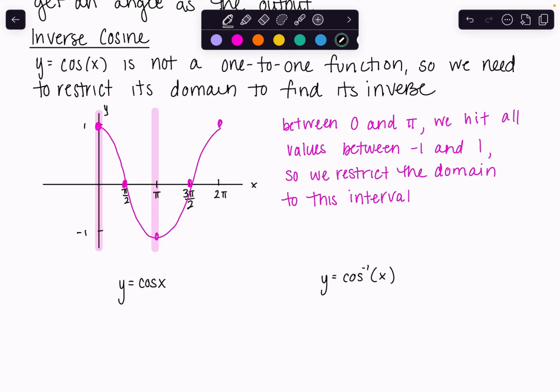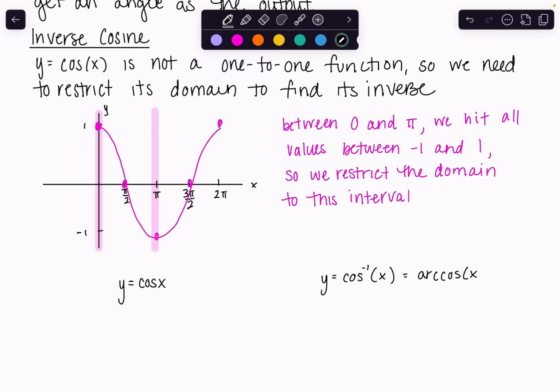However, I tend to not like this particular notation, even though it is what we have for inverse, but it often gets mistaken as a power. And we know cosine squared represents something, cosine to the third. So I don't want you confusing that for 1 over cosine, which is secant. So instead, we also use arc cosine.